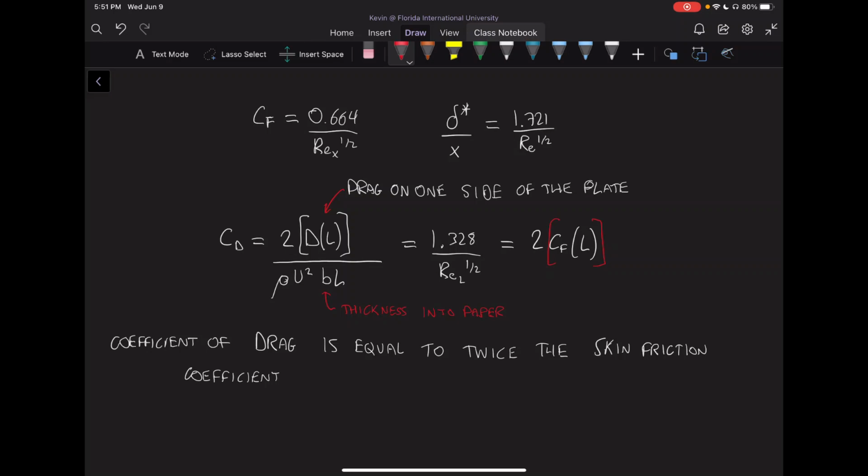And therefore, B times L, this whole term in orange, is equivalent to the area of the flat plate.